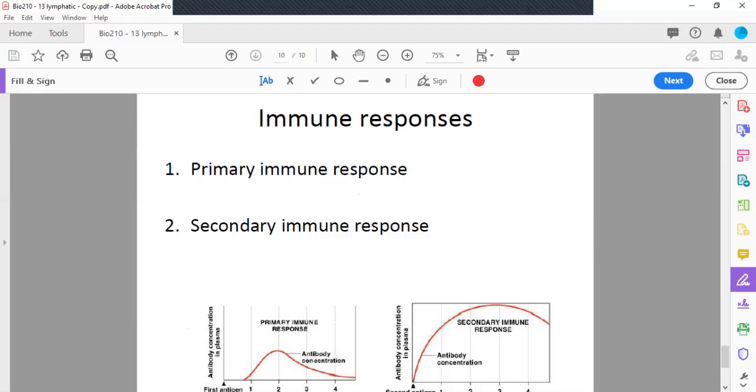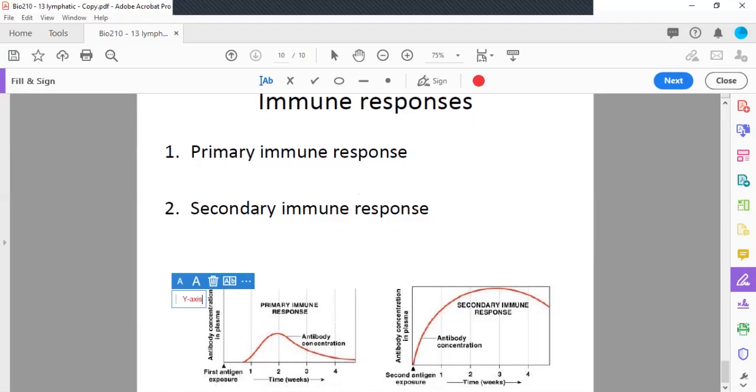I will wait for 2 minutes for you to tell me the distinction between the two graphs. Now, when you read a graph, you want to read the axes. This is the y-axis, and this represents the x-axis.